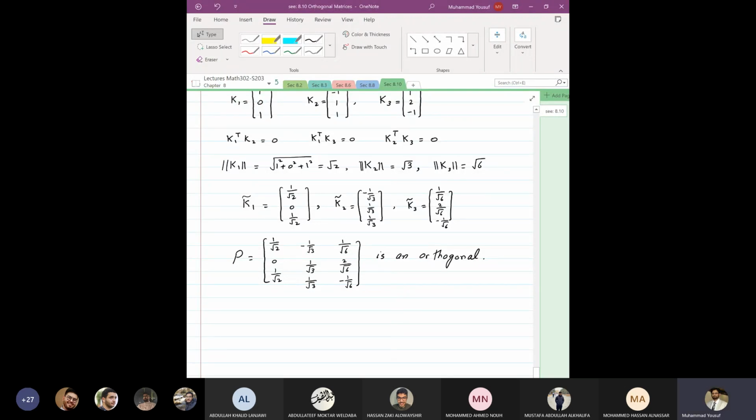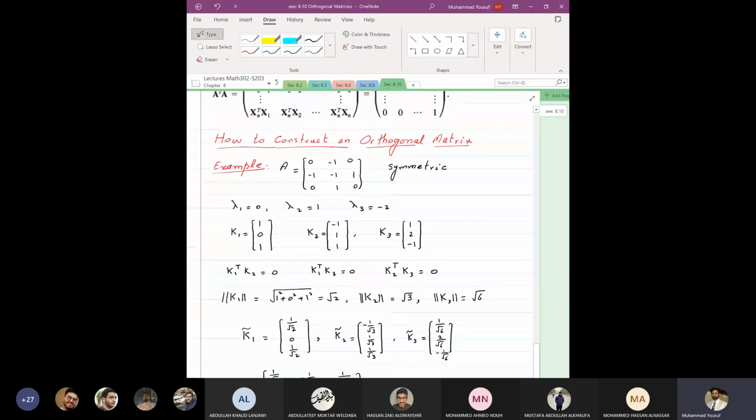So we construct matrix P from matrix A. We construct a matrix P from a symmetric matrix A, and matrix P is orthogonal. This is how we construct an orthogonal matrix from a given matrix.